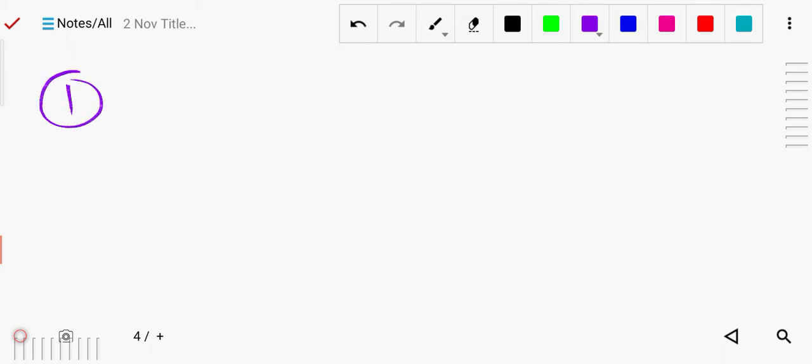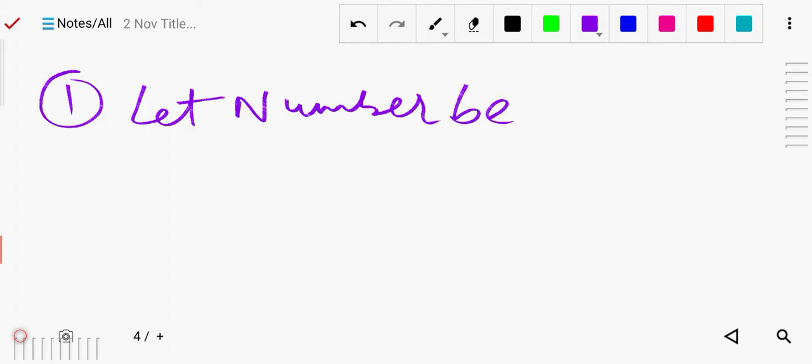So for the first question we will write: let the number be x. We have assumed that the number is x. Now what is the second step?